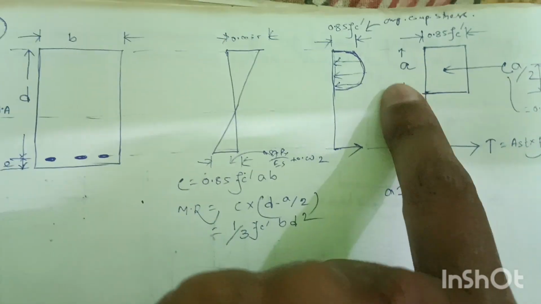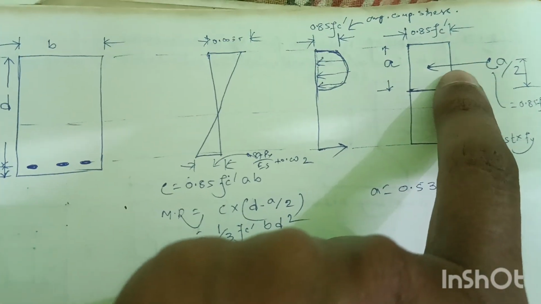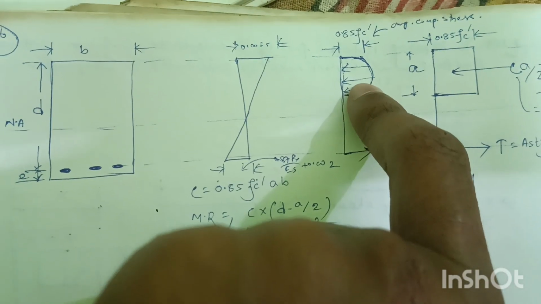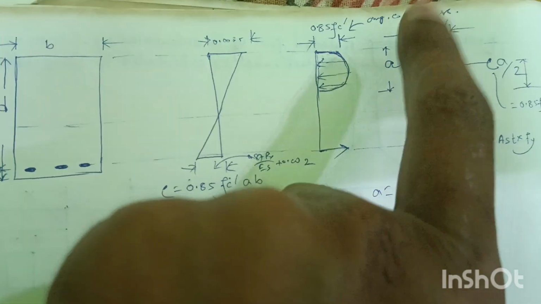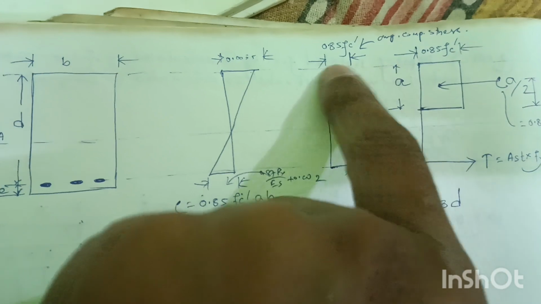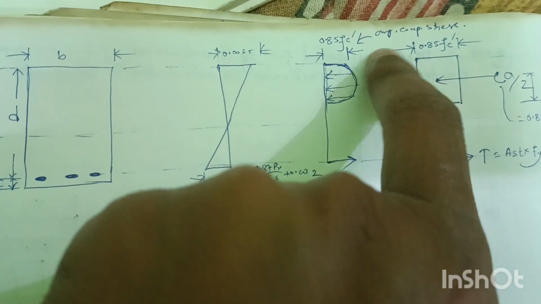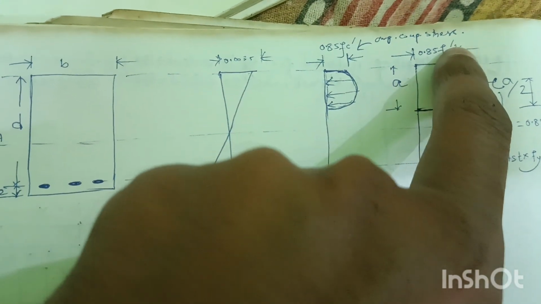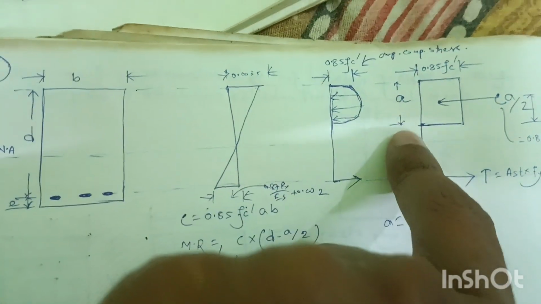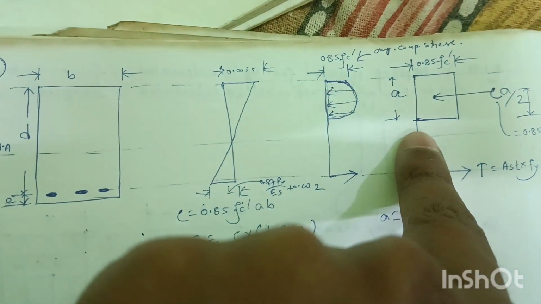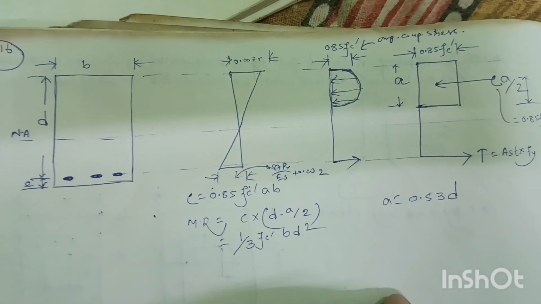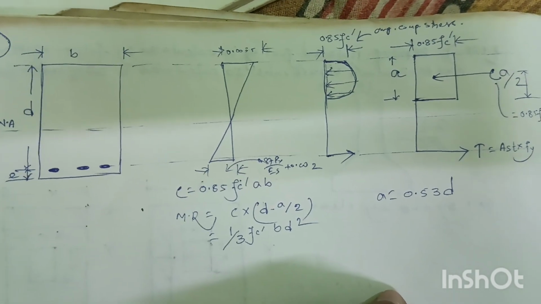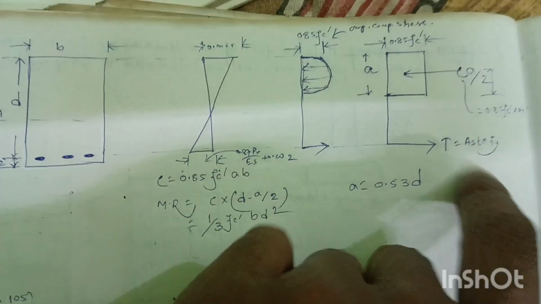But Whitney considered the stress diagram as rectangular. Whitney replaces this diagram with a rectangular stress diagram. So this is the average compressive stress at the top, and this is the depth of stress block, a, and we all know the depth of stress block by Whitney's theory is 0.53 d.